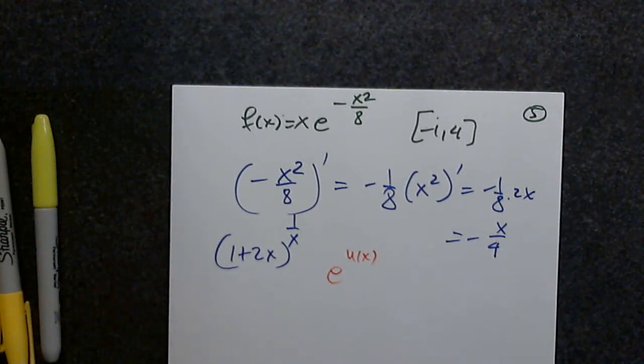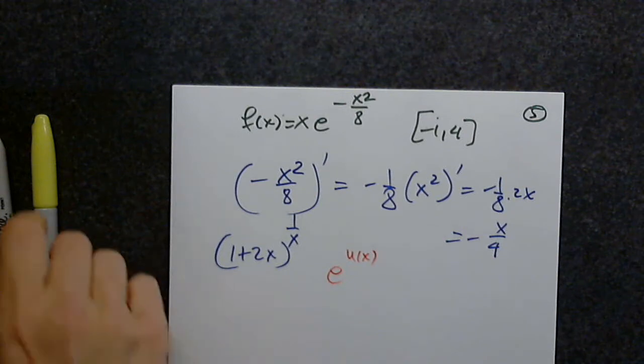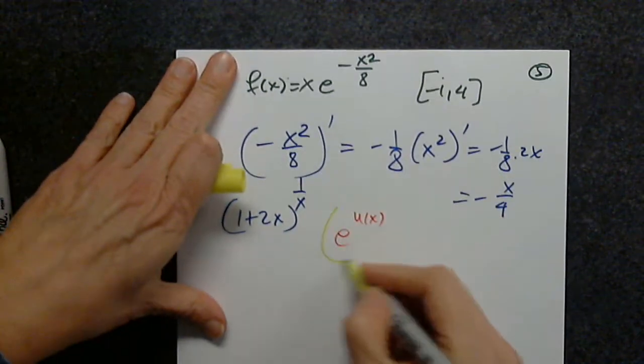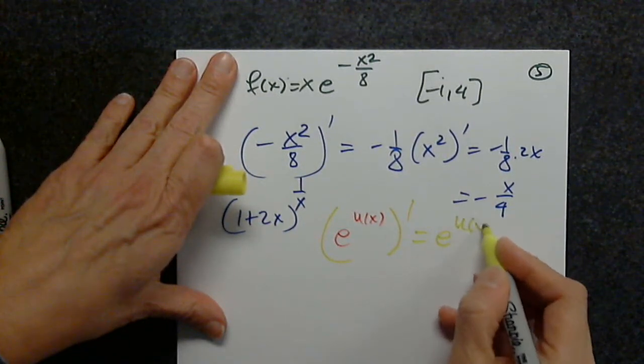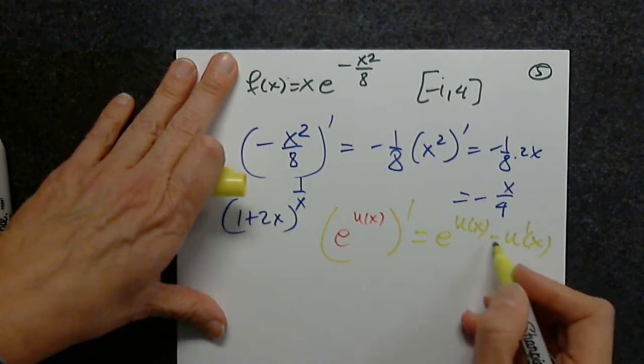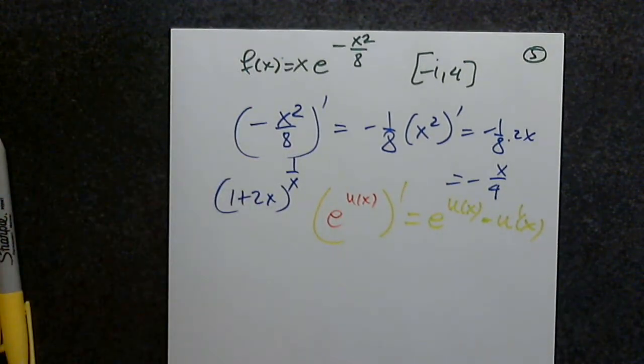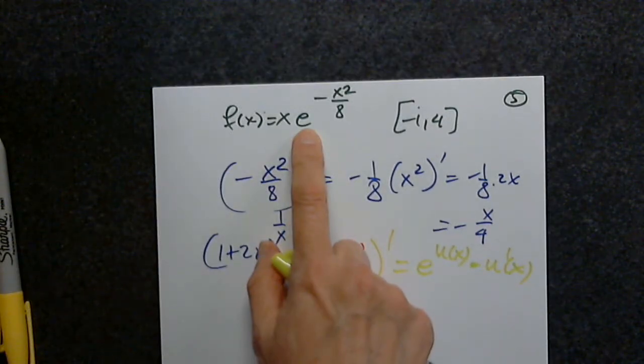So when we differentiate e to u, we get e to u of x times u prime. What was the confusion here? I'm not quite understanding the difference between the e. But e is a number. It's 2.7.